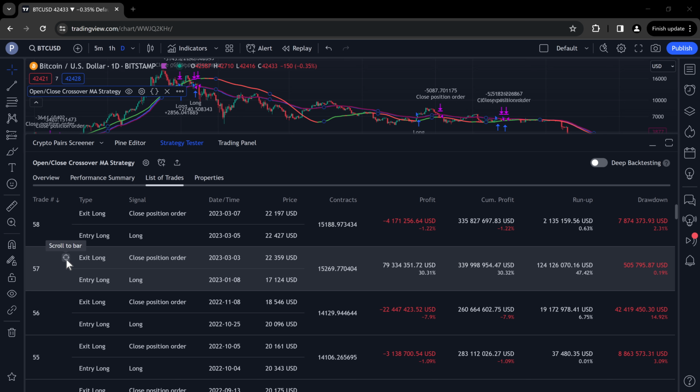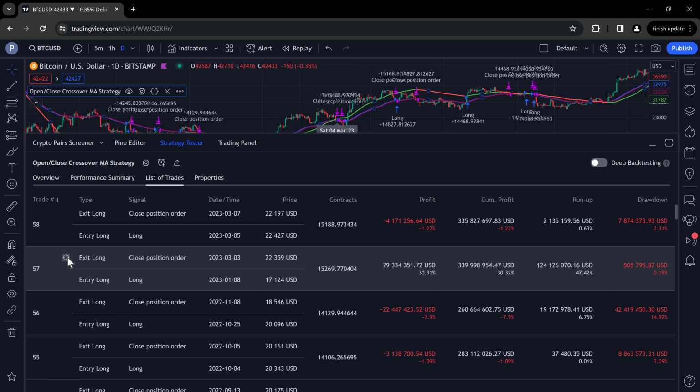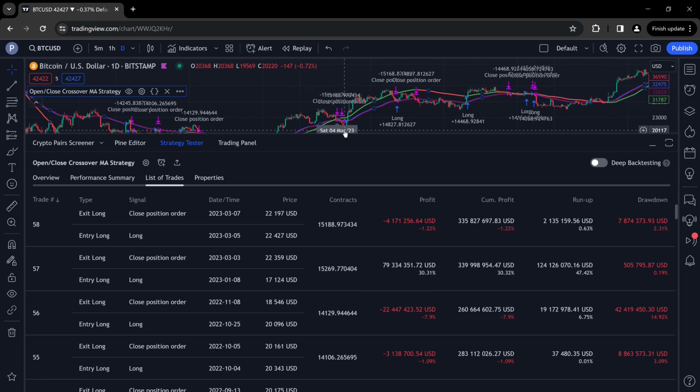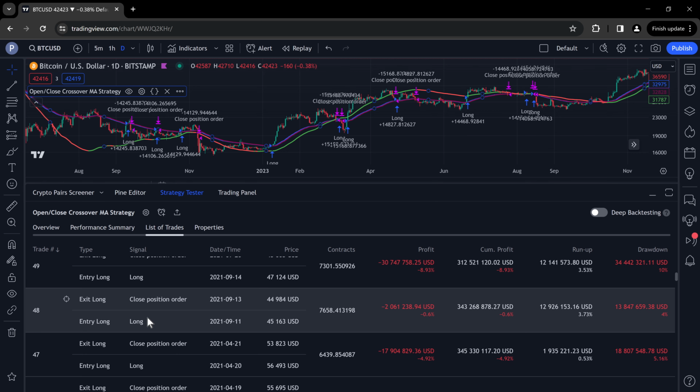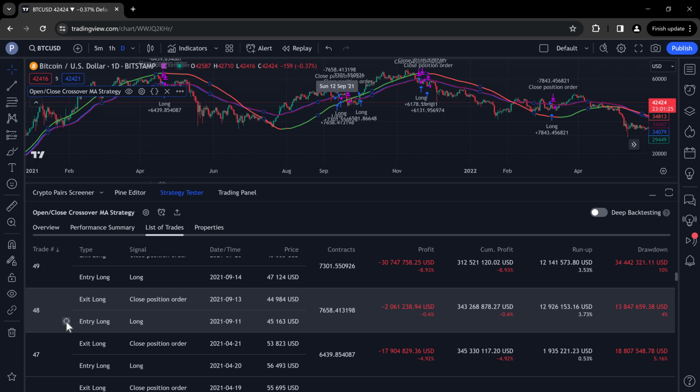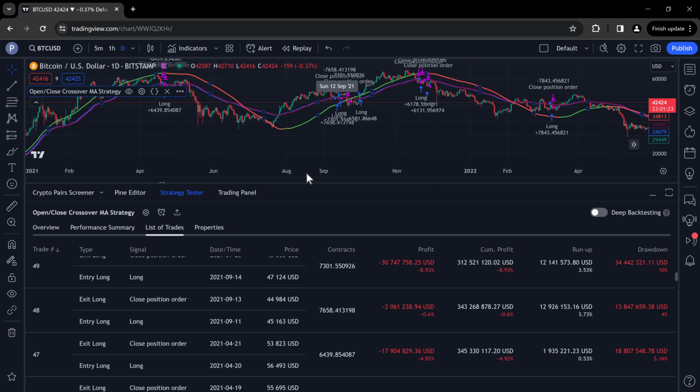So we just click on this circle symbol, and here we navigated to this specific exit. Now let's, for example, click on another trade. Let's say we want to check this long entry. We click on this circle button, scroll to bar. Here it is. The corresponding point on the chart is selected.